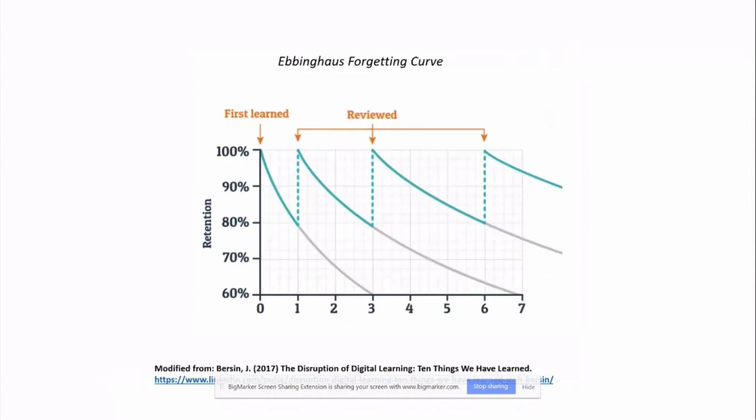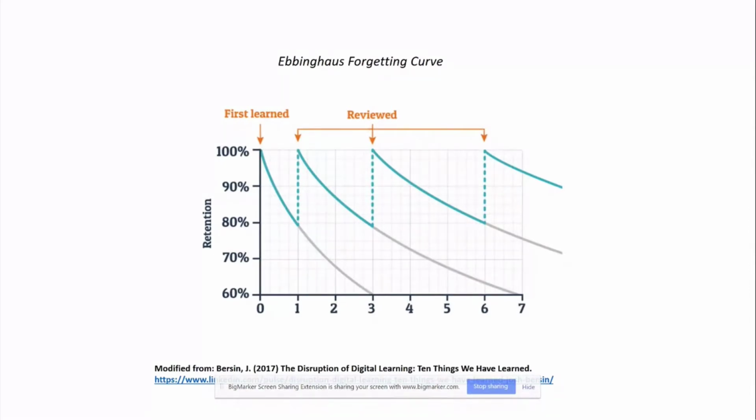So if we look at another version of the Ebbinghaus forgetting curve, we can see when we first learn something, we know 100% of it, and then over time we forget some. But if we get a little bit of a reminder of that information, we engage with that information a little bit, it takes us back up to full learning of the content. And then again, over time we forget it. But if we keep doing that, we can actually bring up the amount of knowledge and the longer we've learned it.